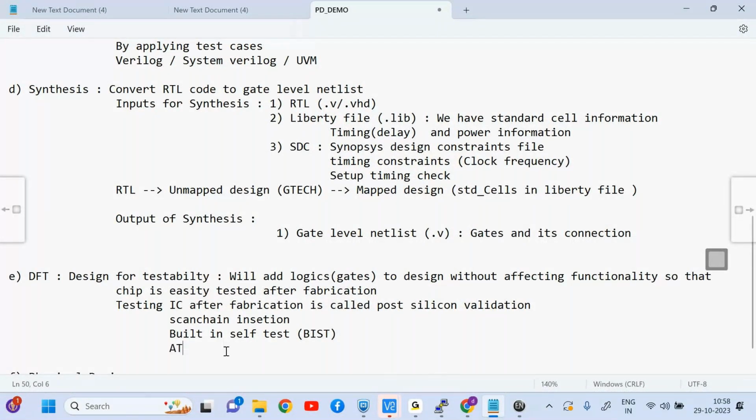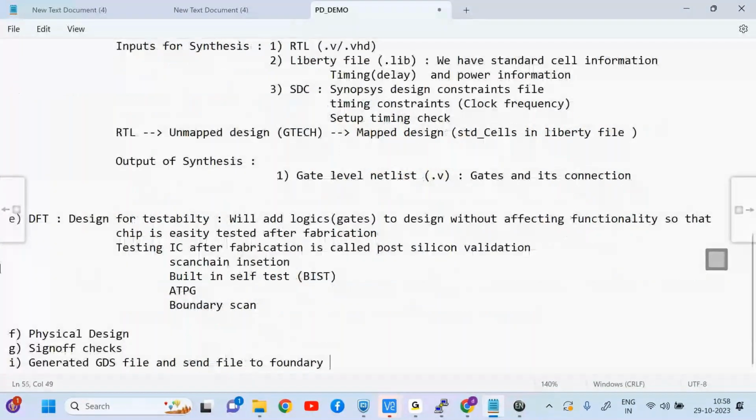They will do boundary scan. These are different techniques the DFT team will use to make the IC easily testable after fabrication.